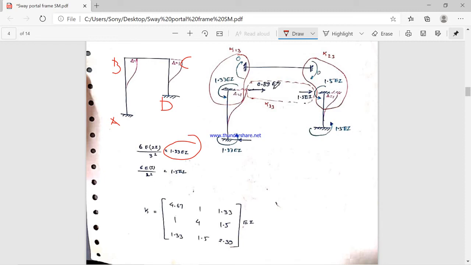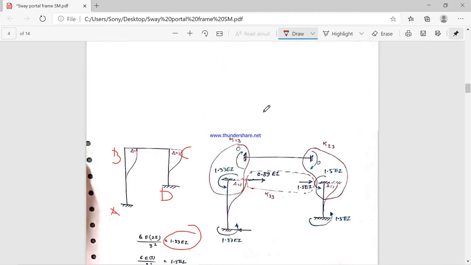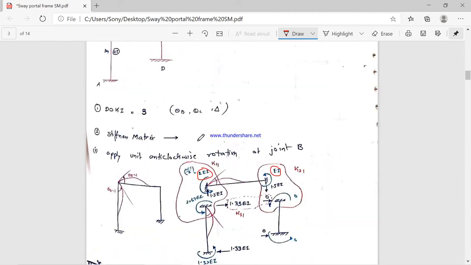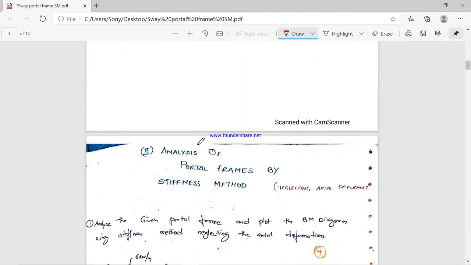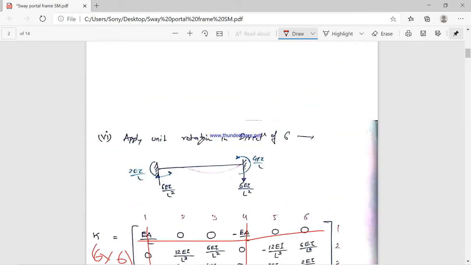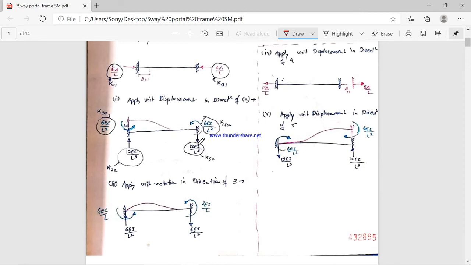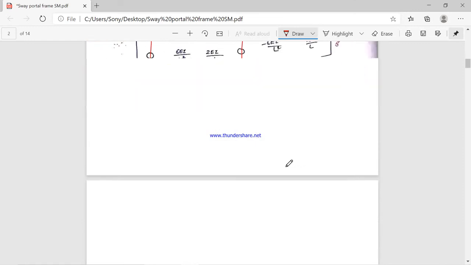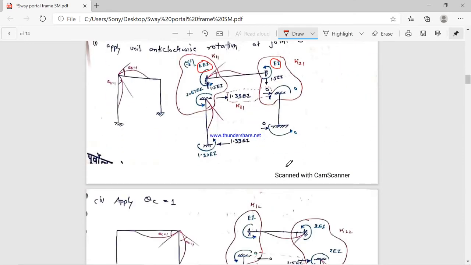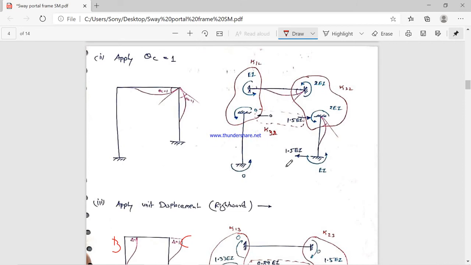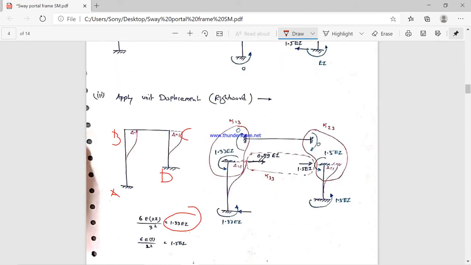Now how will this 0.89 come? So we know that the formula for the displacement is 12EI by L cube. So here also we have to calculate the horizontal reaction by using the formula 12EI by L cube.